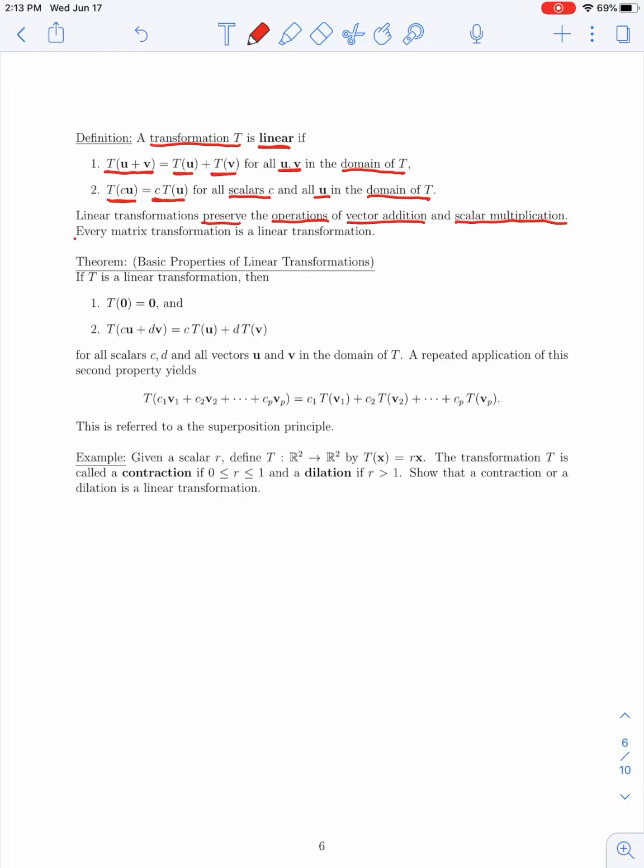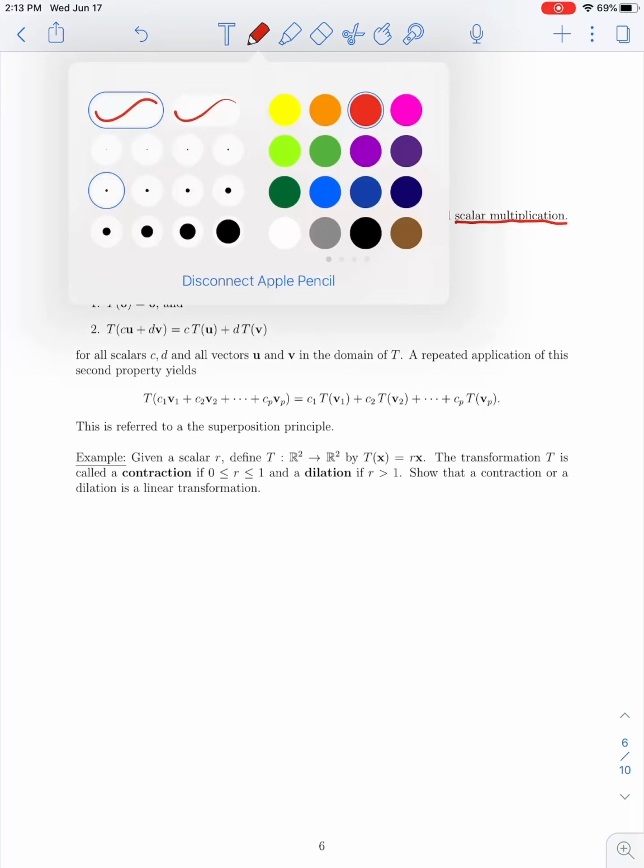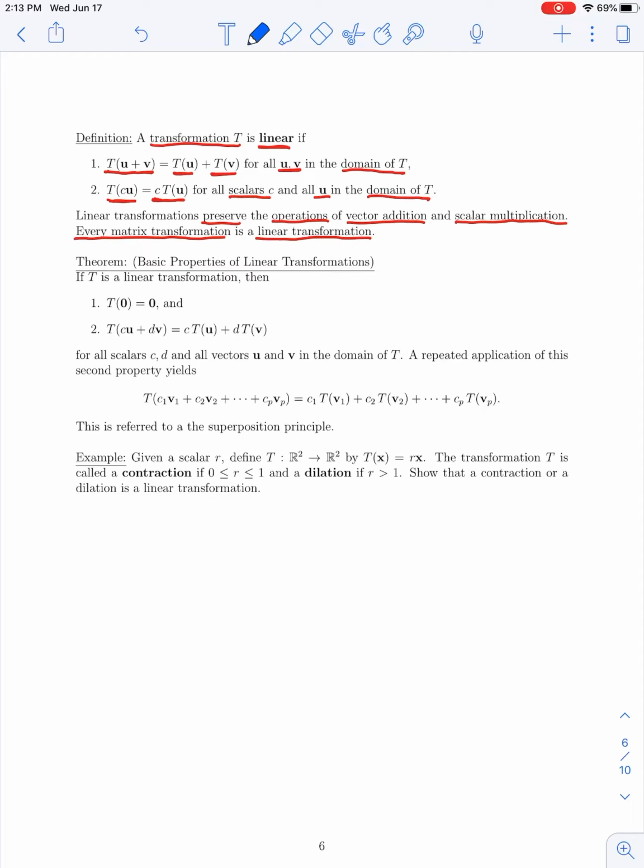And it can be shown that every matrix transformation is indeed a linear transformation because of the properties of matrix multiplication that we saw in our earlier sections of Chapter 1. Now, we have a couple of properties that linear transformations satisfy that give us ways to test whether a transformation is linear. So some basic properties of linear transformations are the following.